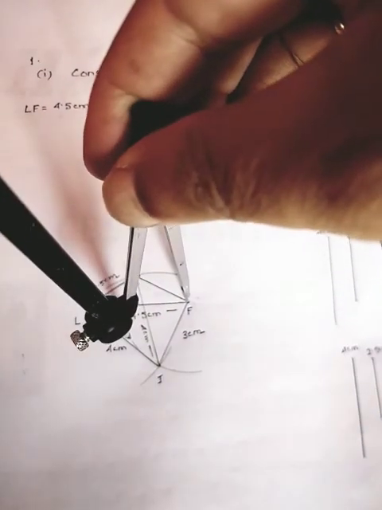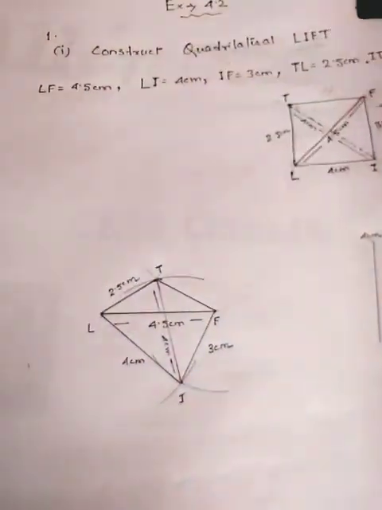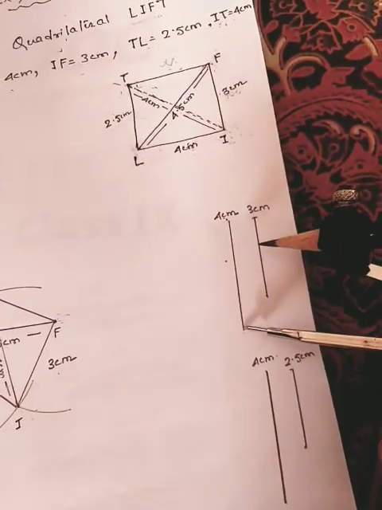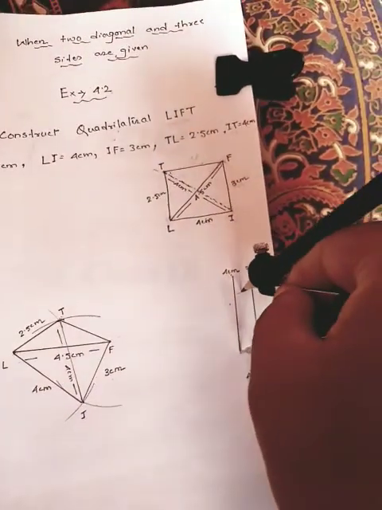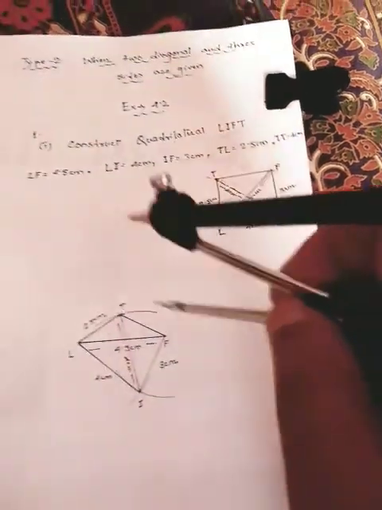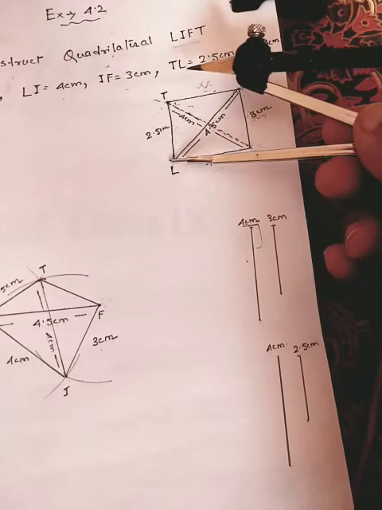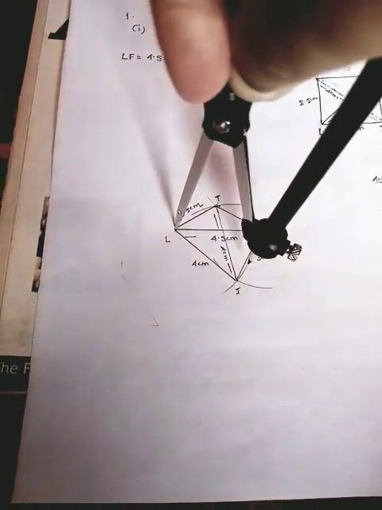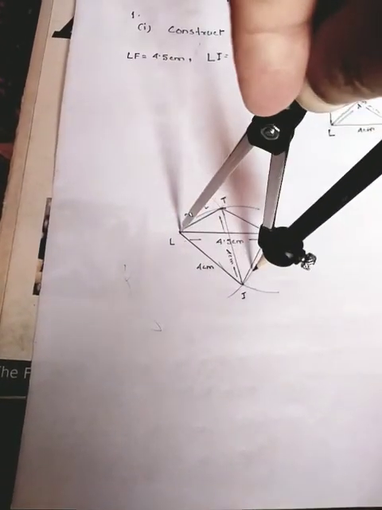Now, what is the other measurement given? 4 centimeter. So you will measure this 4 centimeter, students. Where do you have to put the compass point? Obviously L. From L you have to draw 4 centimeter. So you will put your compass point here and draw one arc like this.